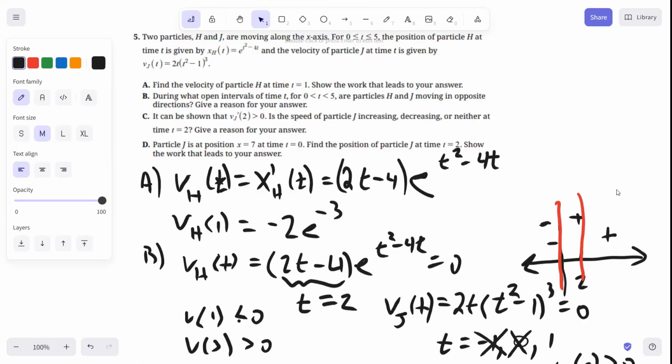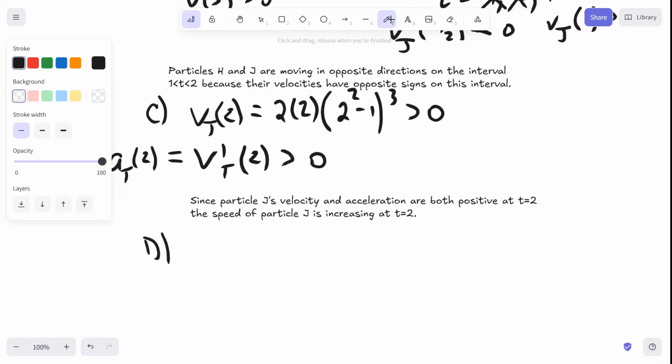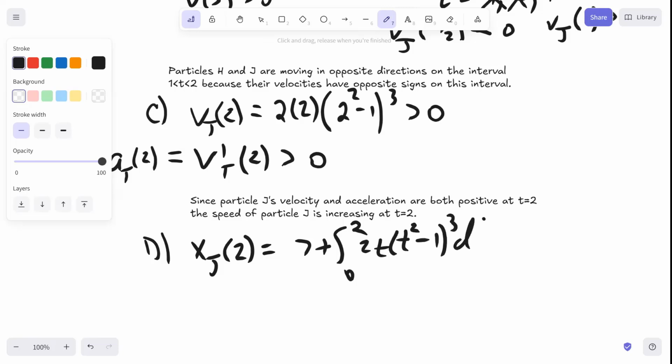Part D, particle j is at position 7 at time t equals 0. Find the position of particle j at time t equals 2. Show the work. We know that x of j of 2 is equal to 7 plus the integral from 0 to 2 of 2t times t squared minus 1 cubed dt.